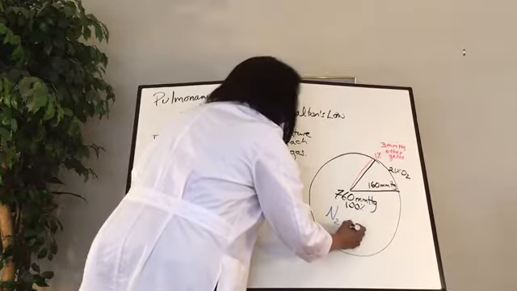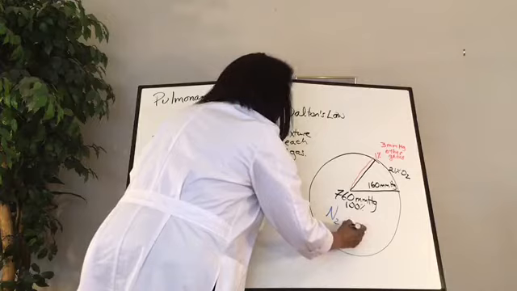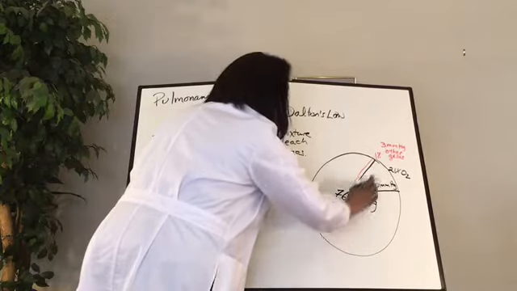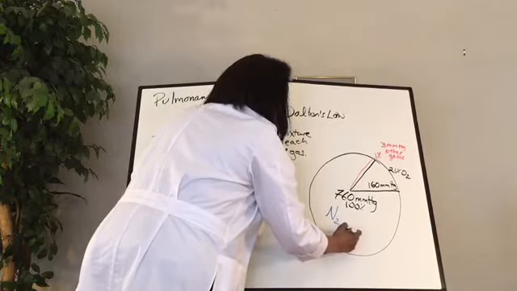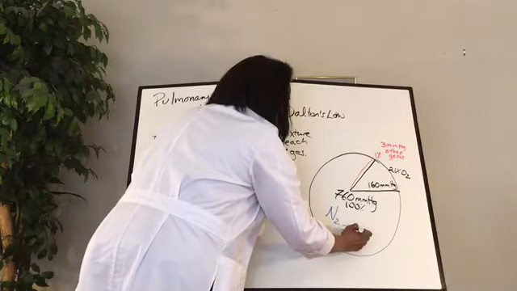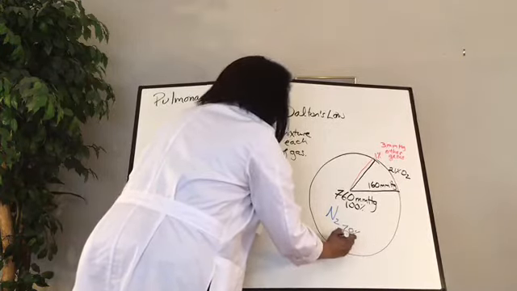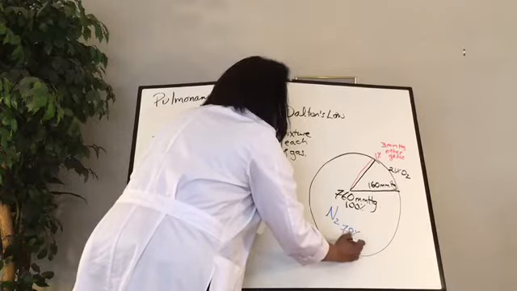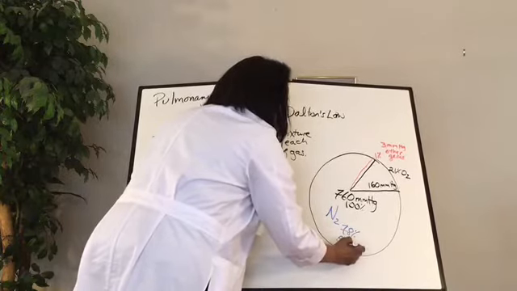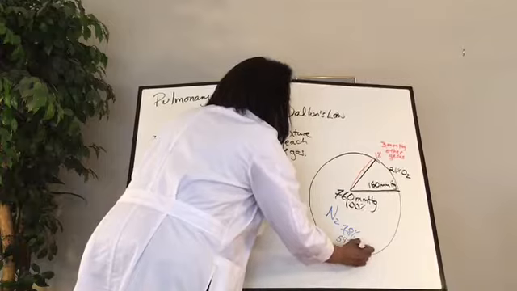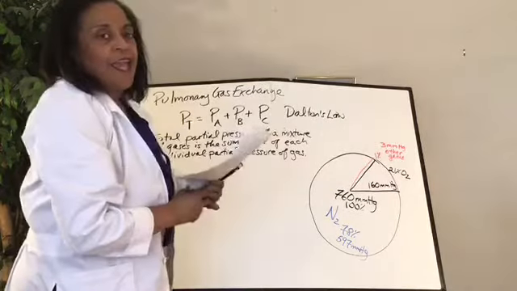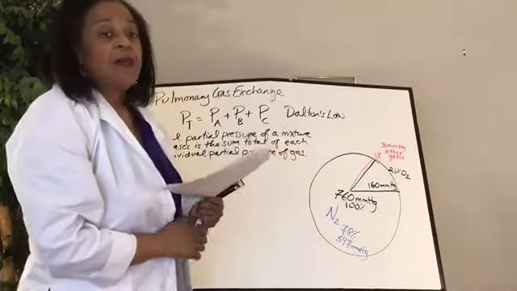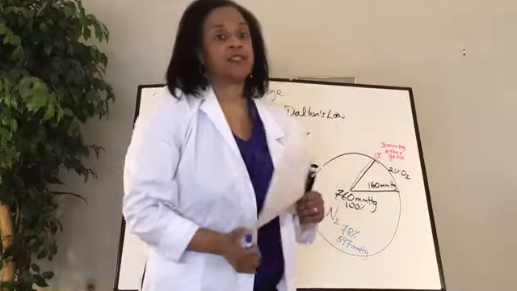Okay, so let's put it in percent first. That's about 78%, which comes out to be, in terms of millimeters of mercury, 597 millimeters of mercury. Now the point is that our atmosphere is made up mainly of nitrogen.